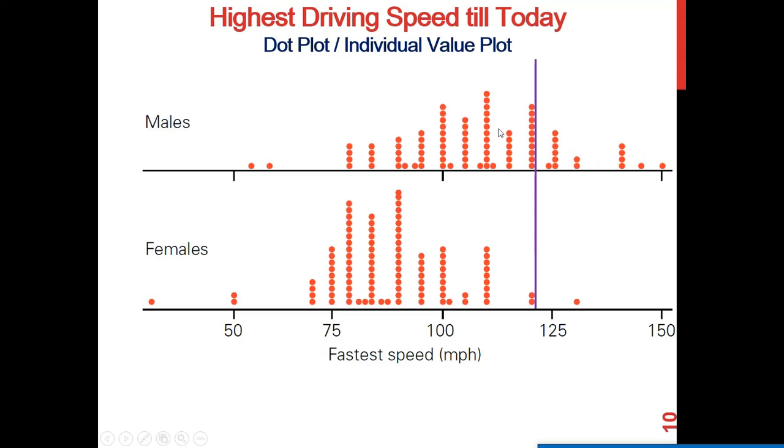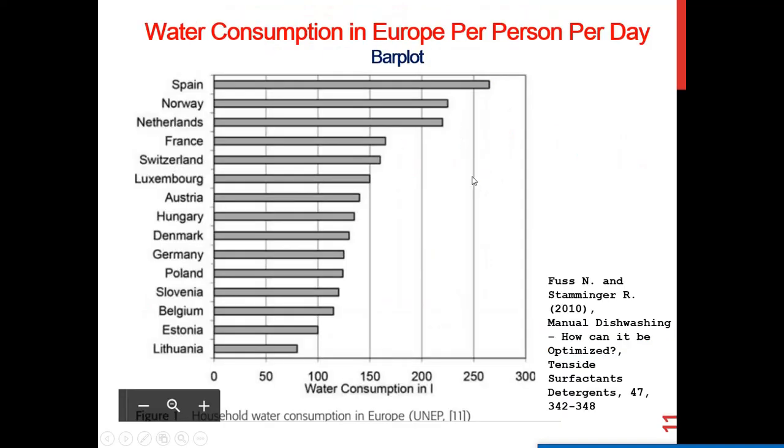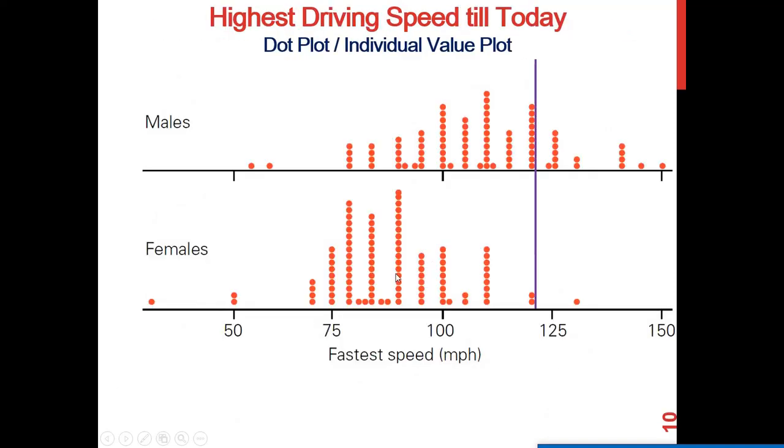Plus even the peak, the highest number of occurrences for males, is near 112, somewhere here, whereas for females it is somewhere near 85 or 80. So this means that even a simple dot plot can tell me a lot about the spread of my data.